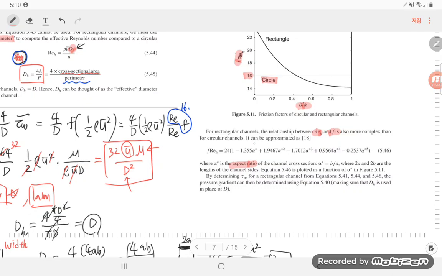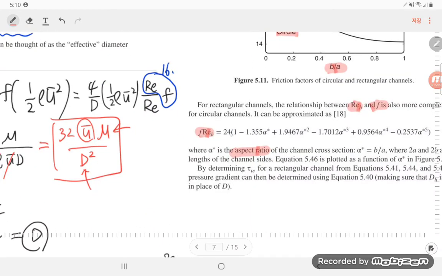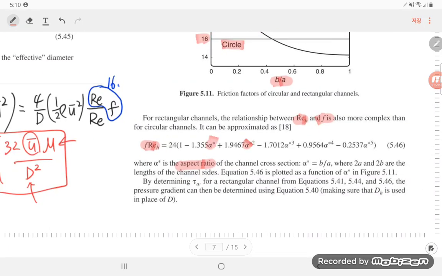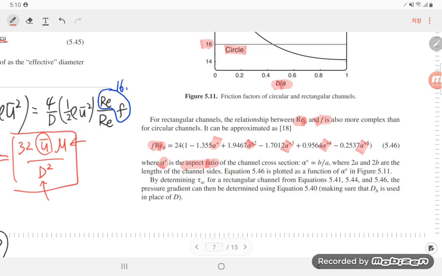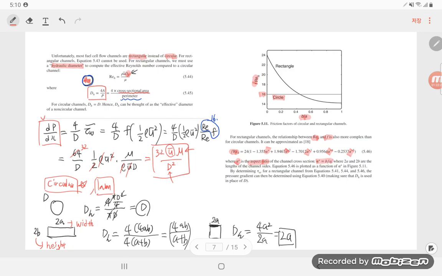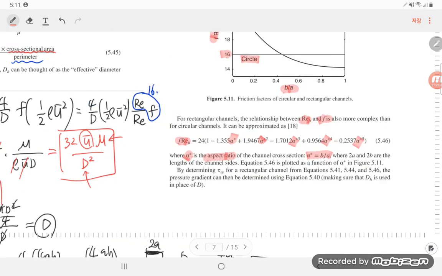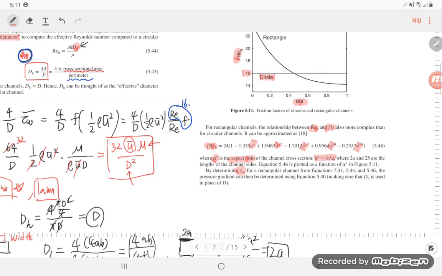So from the experiments, researchers have found that f Reynolds number is like this, and the alpha star in here is the only variable in this equation. So alpha star is the aspect ratio of the channel. In here, aspect ratio means b over a. Okay. Then by determining tau w for the rectangular channel from the upper equation, the pressure gradient can then be determined by using this equation.